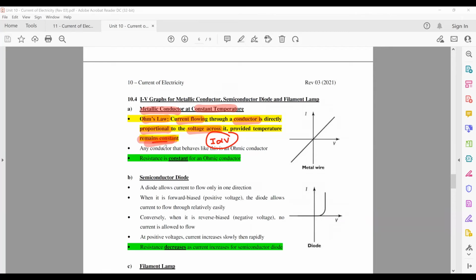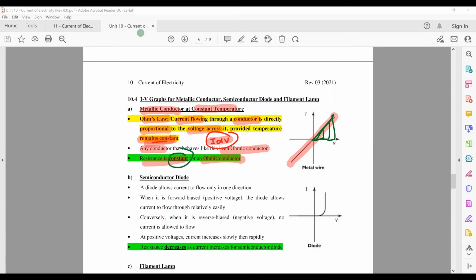Any conductor that behaves like this is known as an ohmic conductor. For conductor that follows Ohm's law, resistance is constant. Okay, since they say I is proportional to V, you're supposed to get a straight line that passes through the origin. And then now you want to look at the resistance. You see the gradient from the origin is always constant, so therefore resistance is constant.